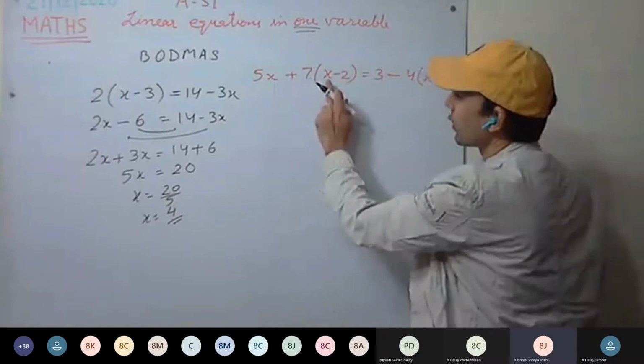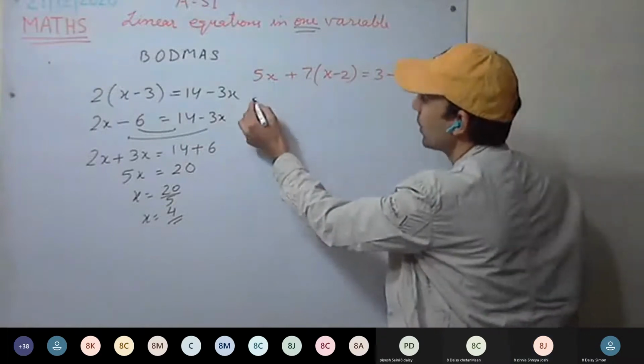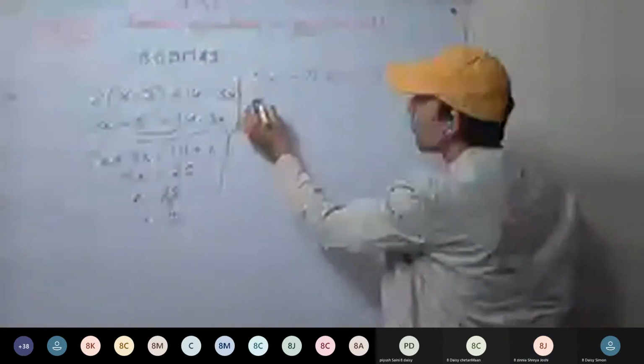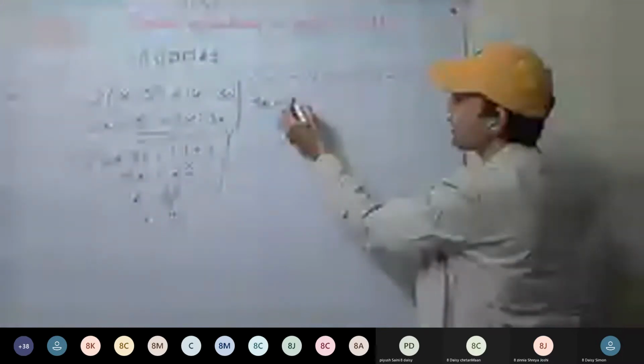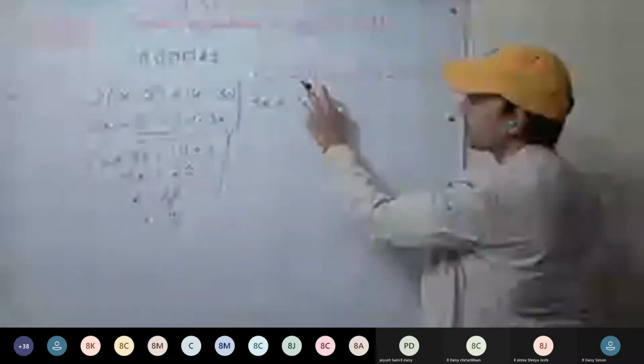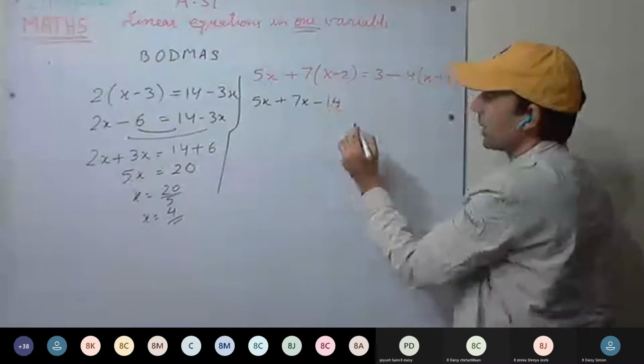So how are we going to solve? First, we have to open the bracket. So 5x plus, now the next step is to open the bracket: 7x minus 14.